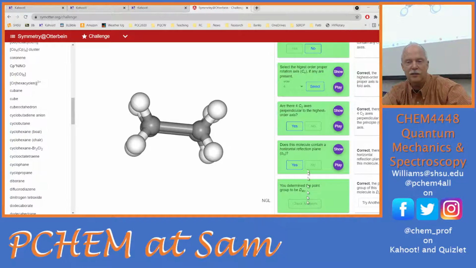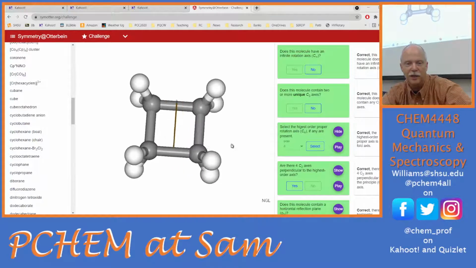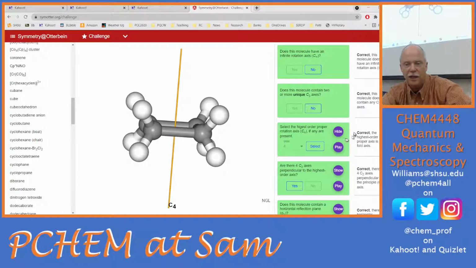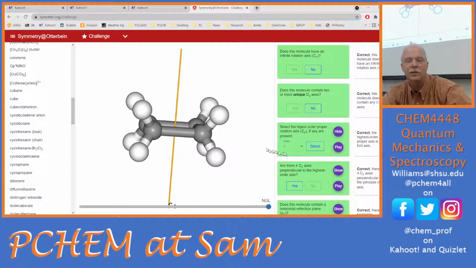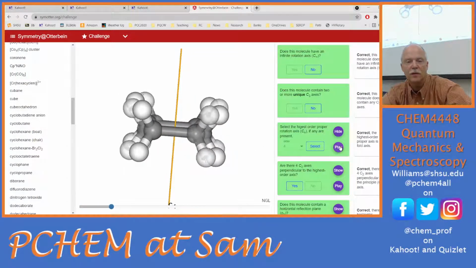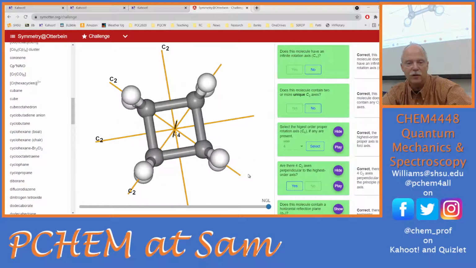So we'll check our answers, and we can come up here. Yeah, these two are correct. Let's see the highest axis. The C4 axis is right there. So see, we were looking down that axis, and then we can play that one. So that's the rotation for the C4. And then we can show these C2s that go around.